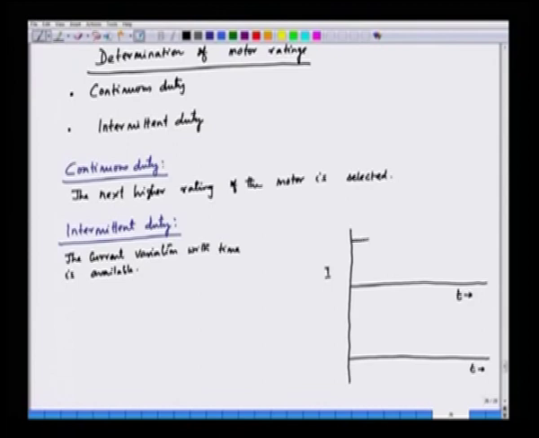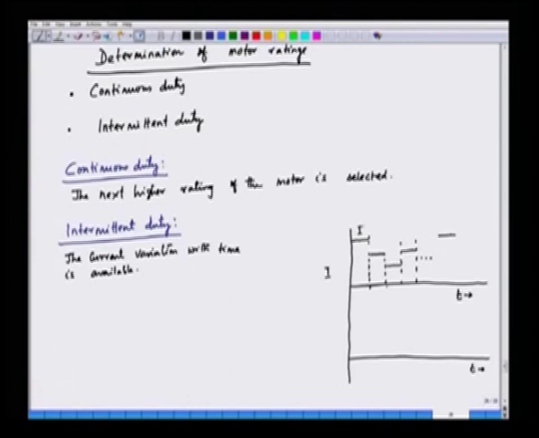So, we have I1 current here, and then we have I2, say for example, we have I3 here, I4, and then after that we have again I1.